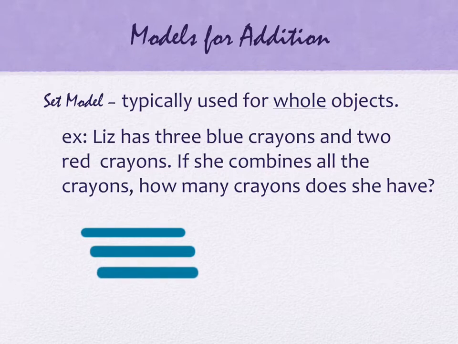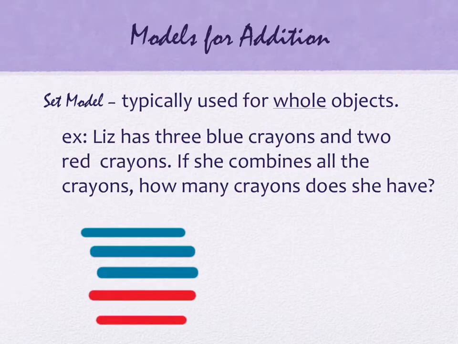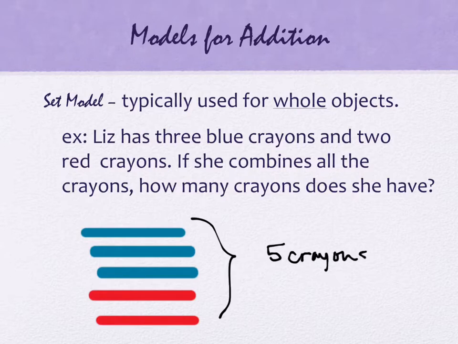And then I have 2 red crayons. And the question is, how many crayons do I have total? If the child is young enough, they would just count them from start to finish, and they would find out that they have 5 crayons. So this is a set model. We count numbers of actual objects to come to our solution.